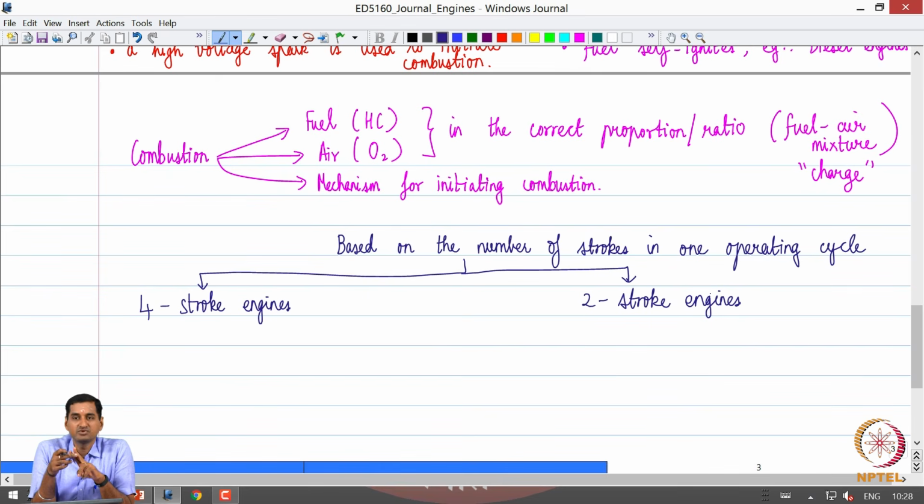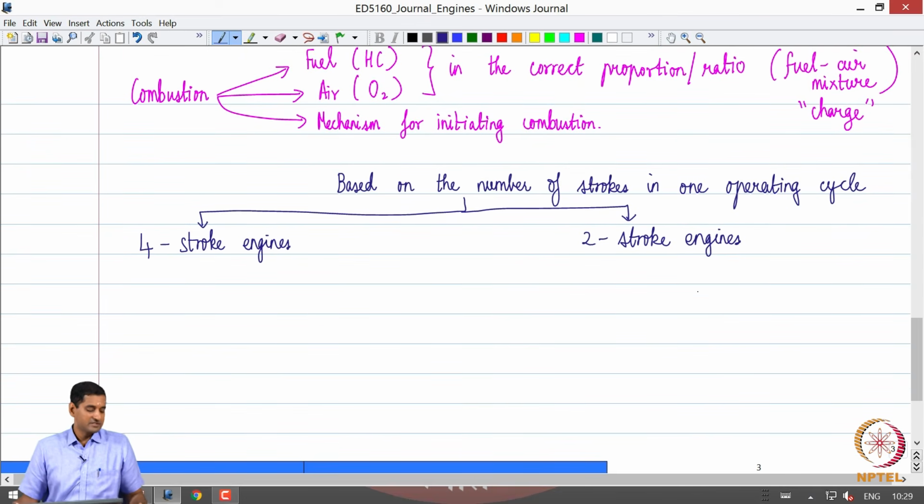A 2-stroke engine is one where one operating cycle of the engine is completed in 2 strokes of the piston. So, that is the difference. We are going to once again look at both and learn what the pros and cons are and so on.